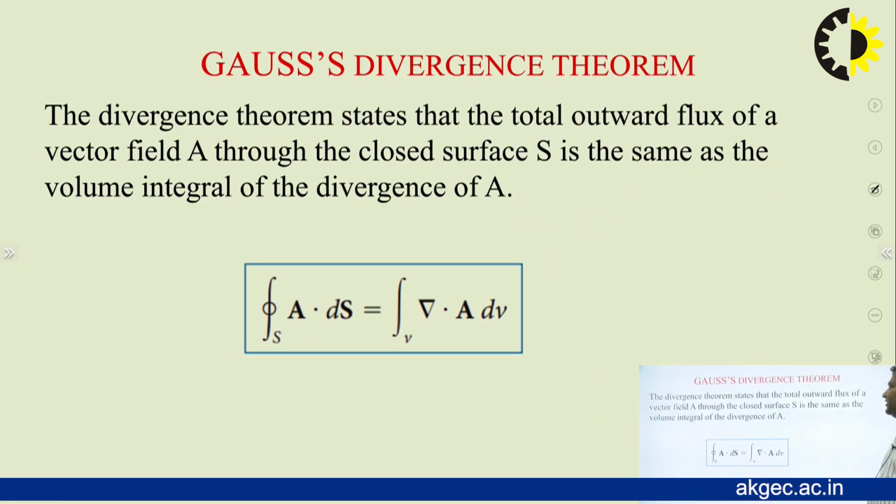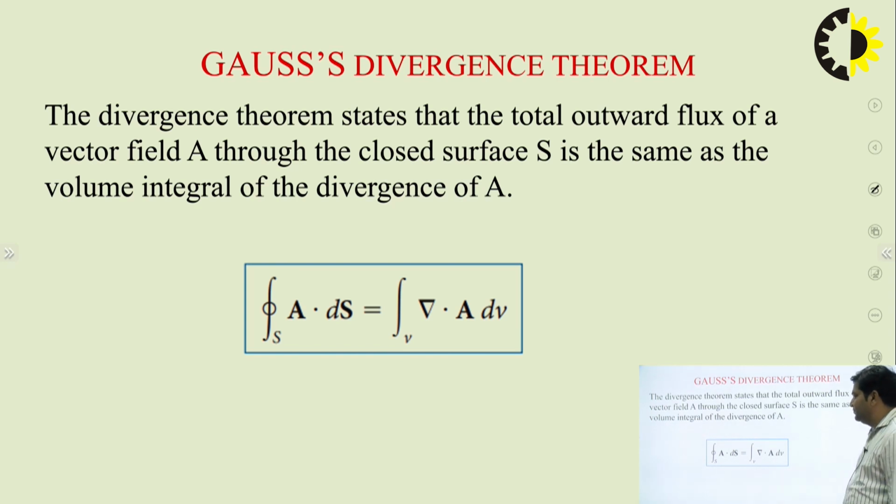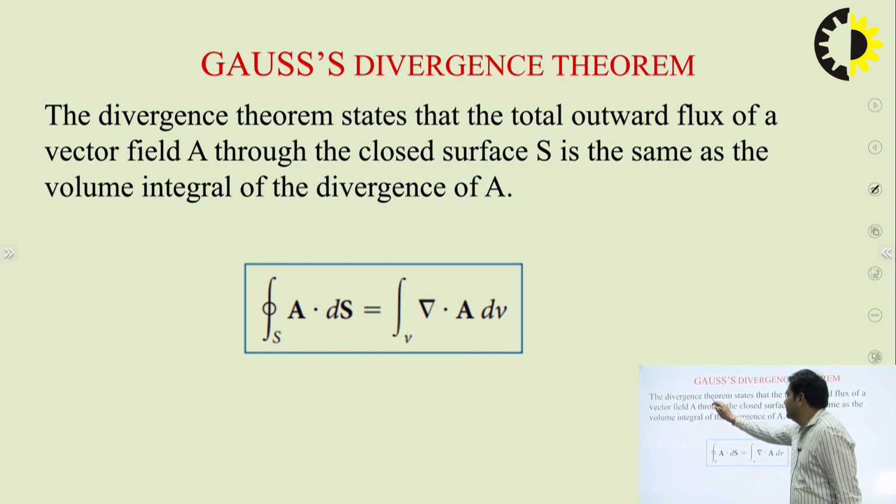The first very important theorem that is asked in EMFT is the Gauss divergence theorem. The Gauss divergence theorem states that the total outward flux of a vector field A through a closed surface S is the same as the volume integral of the divergence of that vector.